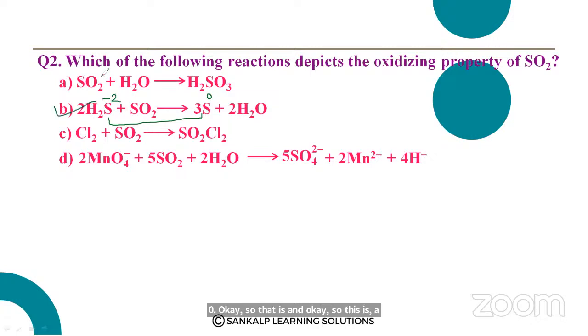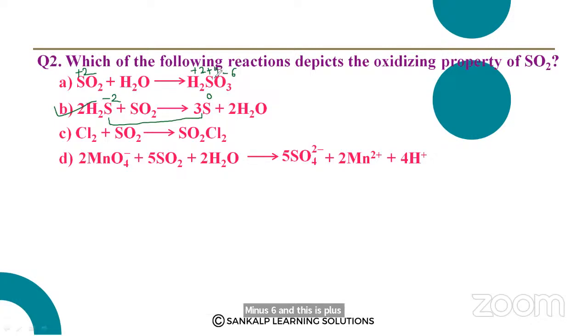Now in A, you can see there is no change in oxidation number of any of the elements. If you see the oxidation numbers, this is plus 2, this is -6, and this is plus 4.